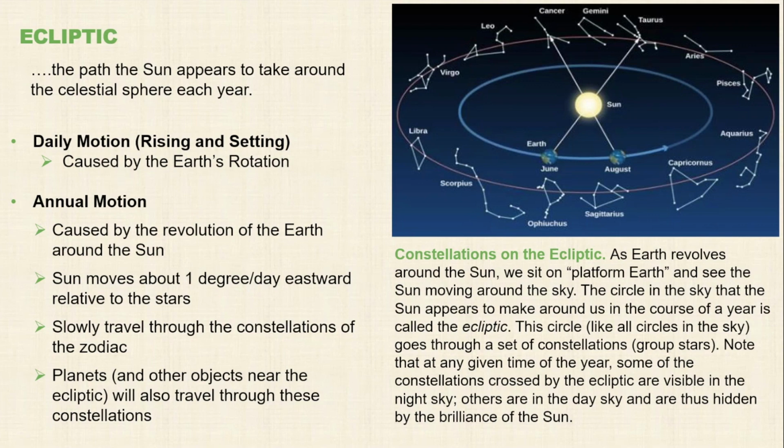And also again, the sun moves 1 degree east every day. Again, that is measured with respect to something. Okay, that's the measurement. We need to have some reference point.